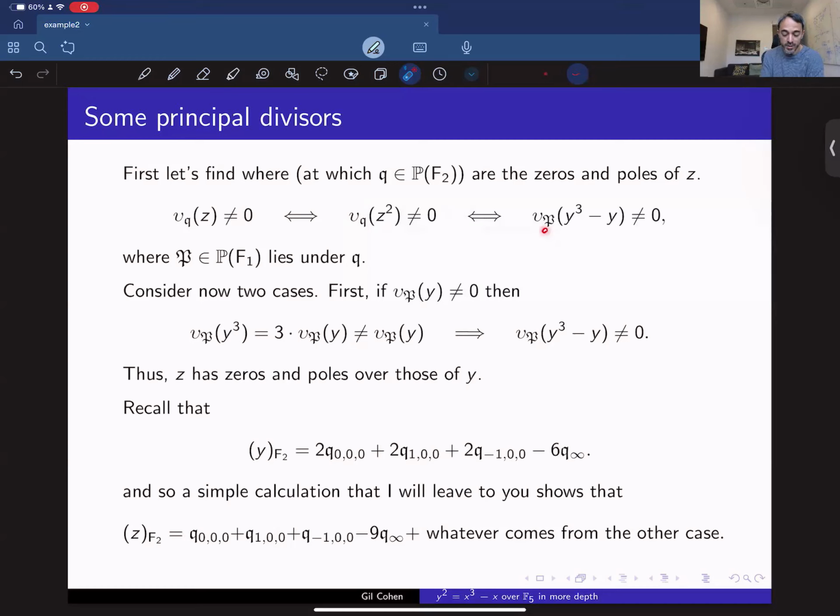And because I'm now in F1, looking at capital P and not at a Q, I can replace Z squared by Y cubed minus Y, because it's the same function. So any suspect Q for being a pole or a zero of Z has to lie over a capital P, which is something we understand better, for which this holds.